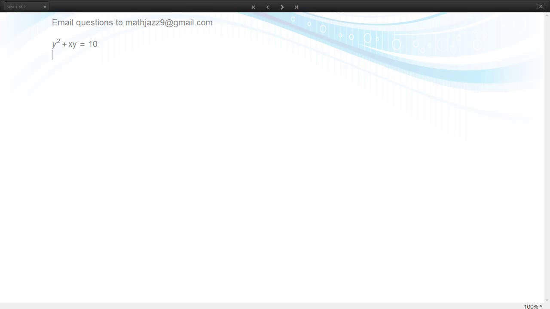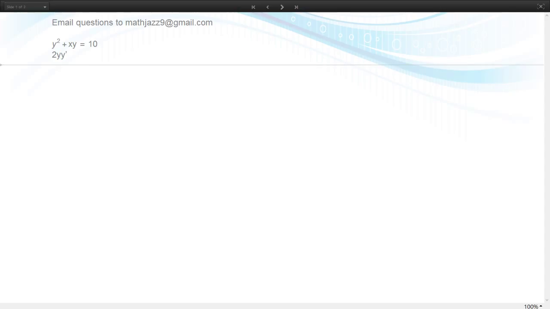We can take the derivative of this. So we get 2y times y prime, because our outside function is x squared. Its derivative is 2x, and we plug in our inside function, which is y. And then we multiply by the derivative of y.